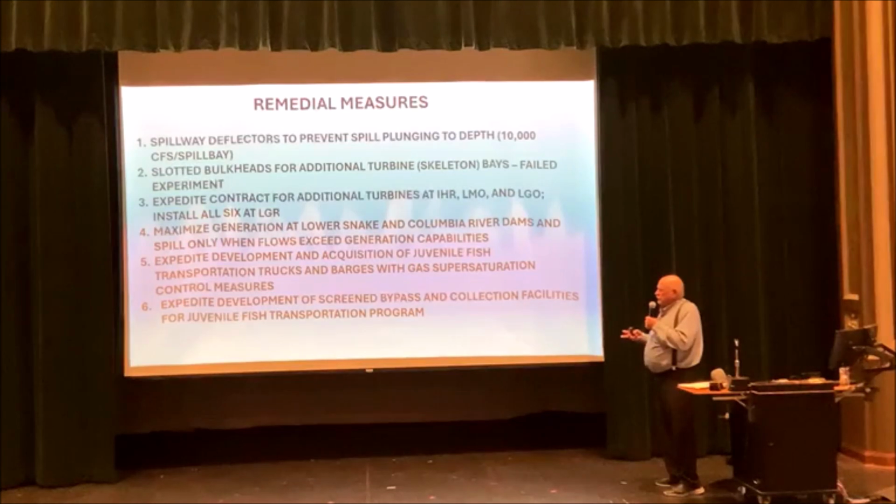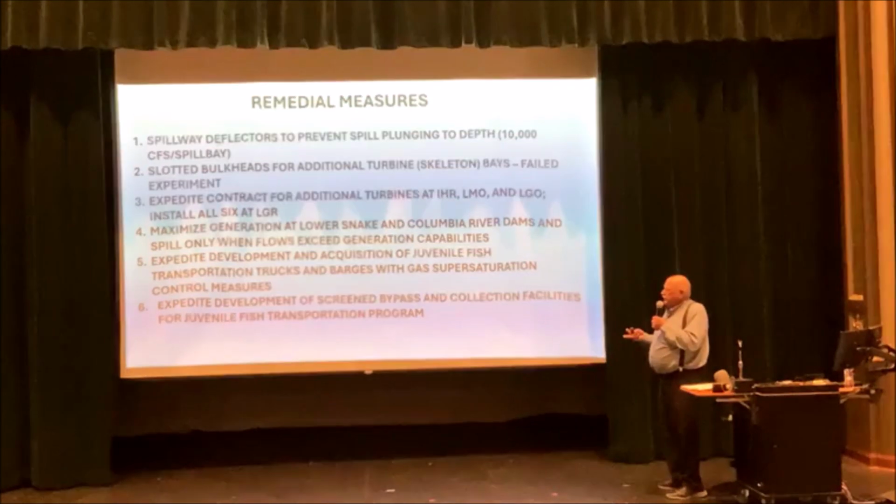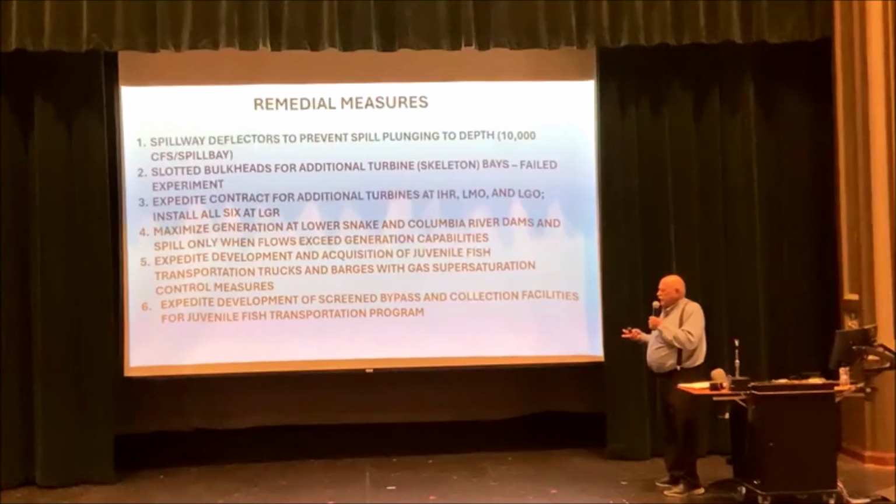There have been 3 objectives of juvenile fish transportation. One was to avoid passage through turbines. One was to avoid delay caused by the reservoirs. And the third one was to avoid predation. So a 4th one was added, to avoid gas supersaturation. So you now have 4 objectives for transportation.